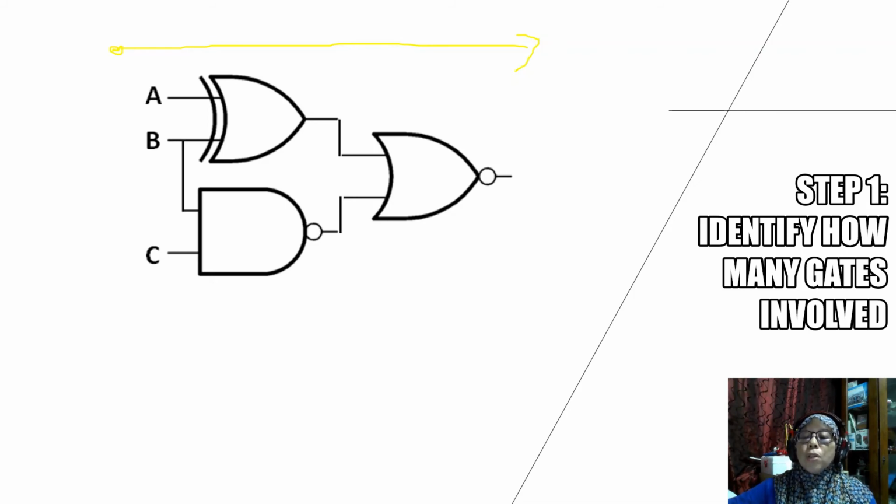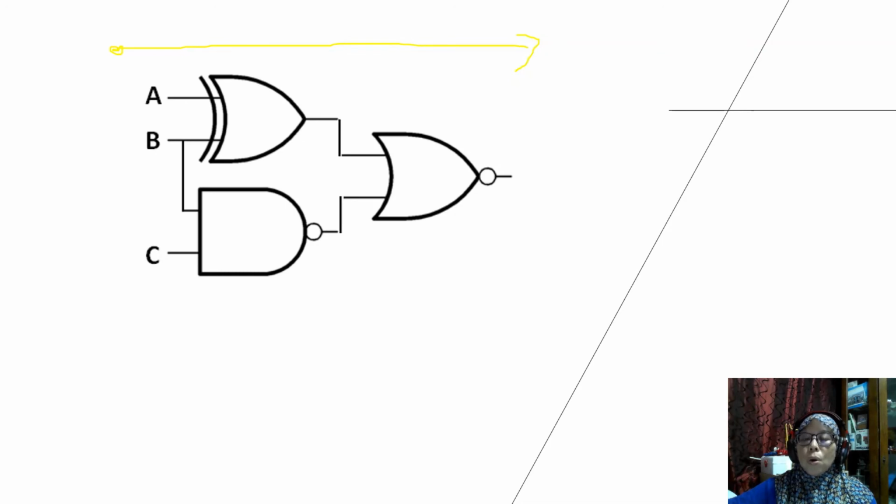This one we have NOR gate. Okay, exclusive OR gate, NAND gate, and NOR gate. Right, so from left to right, kita akan jumpa these 2 gates terlebih dahulu. So it's up to you. Nak buat yang exclusive OR dulu ke ataupun NAND gate dulu. Then so first, second, this one is the third one.